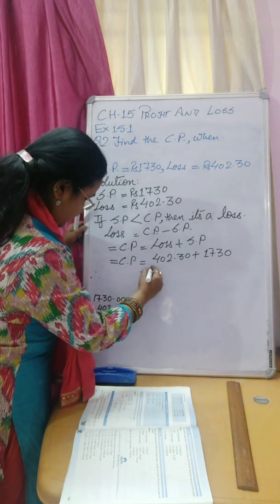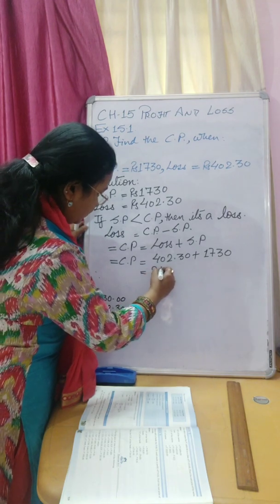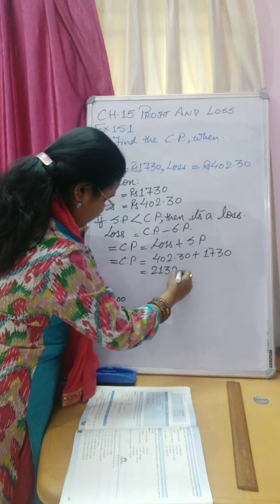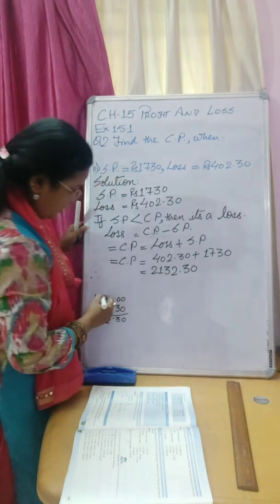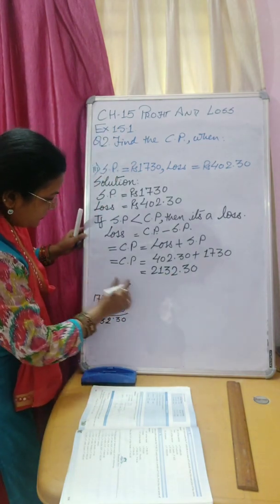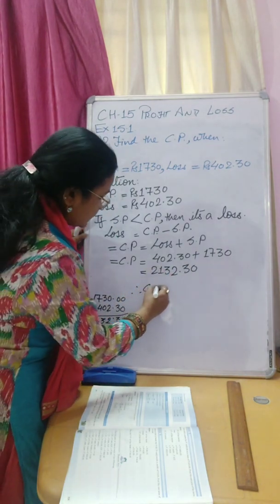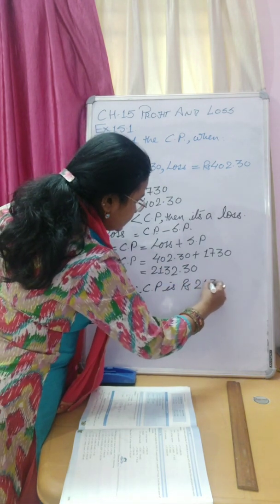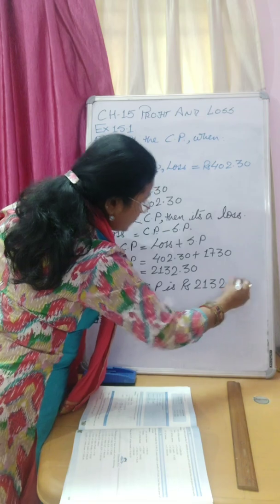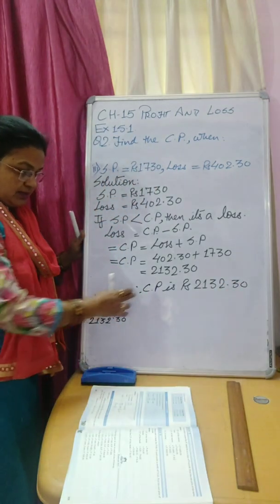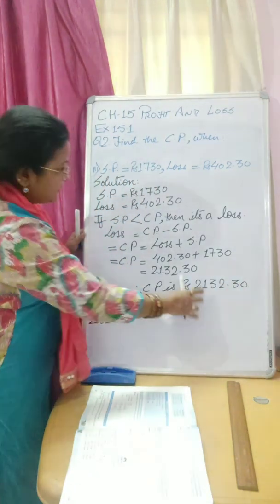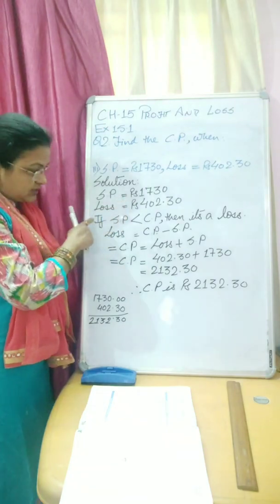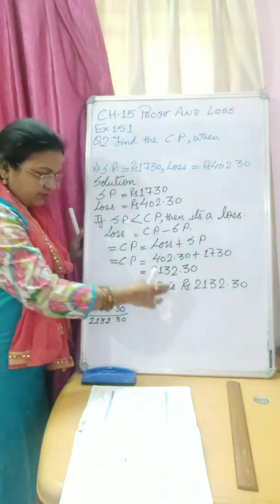So this is now 2, 1, 3, 2.30. So therefore CP is rupees 2132.30. See here, CP is greater than SP. Why? Because it's a loss. So it will be greater.